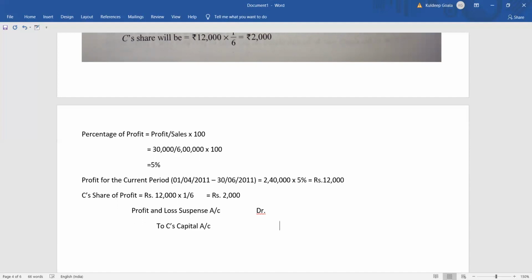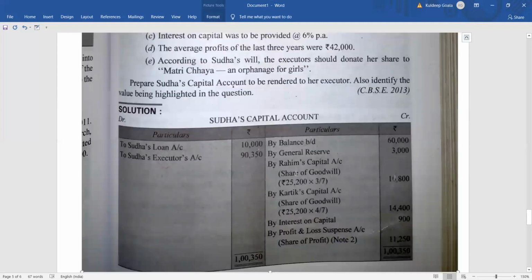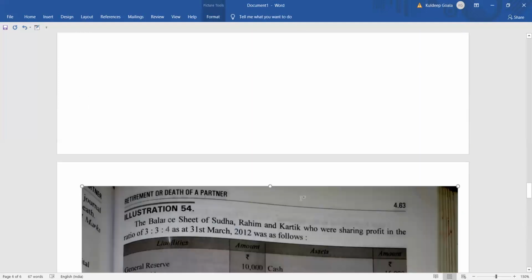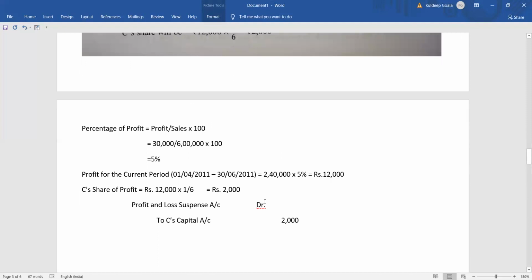Clear? 2,000 rupees. Right? Just a minute, okay? Yeah. 2,000 rupees. I hope all of you understood this concept nicely.